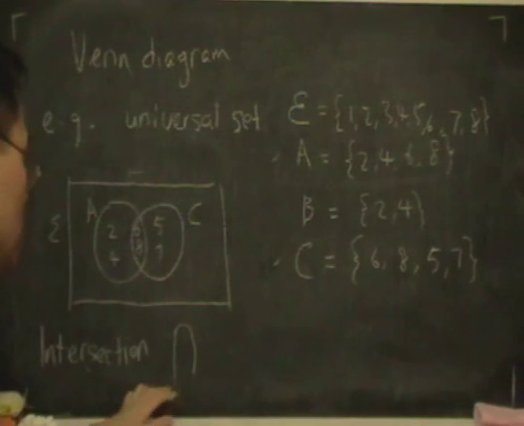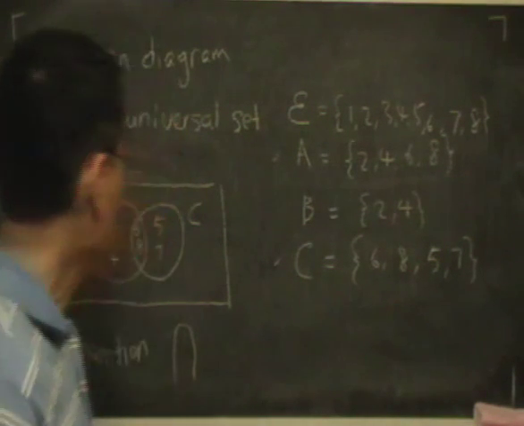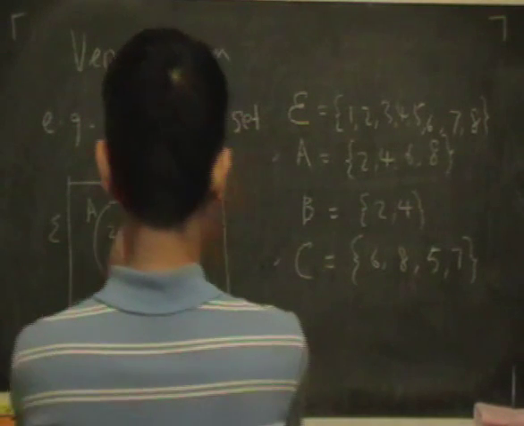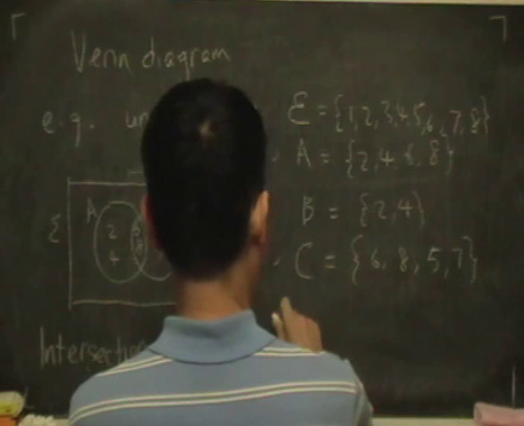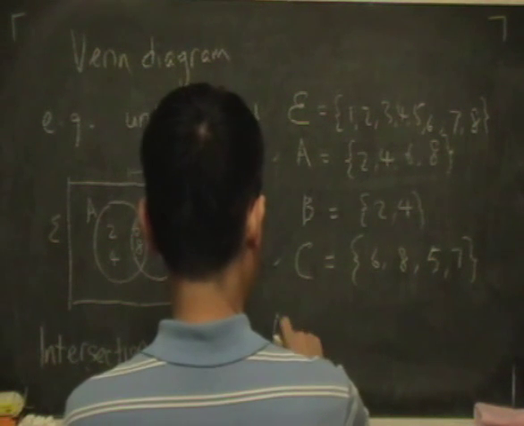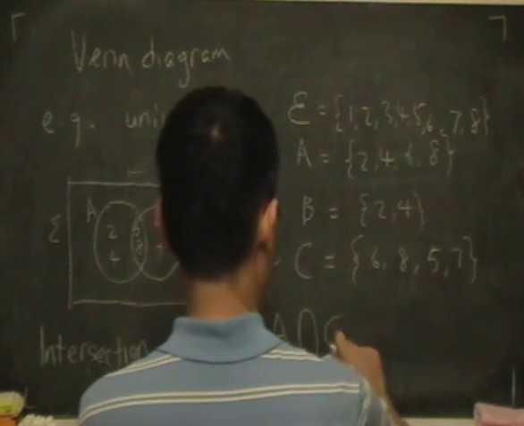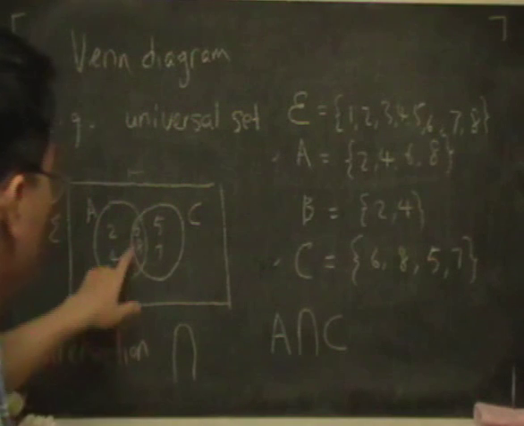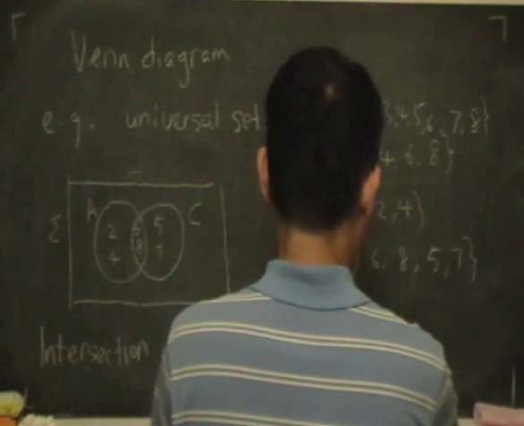And the symbol is an inverted U. So in this case, I would write this overlapping region and the two elements there using A, the symbol for intersection, C. So this means A intersects C, and it refers to the common elements 6 and 8, the 6 and the 8 here.